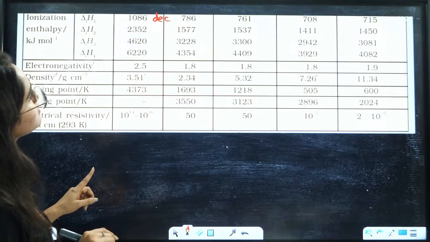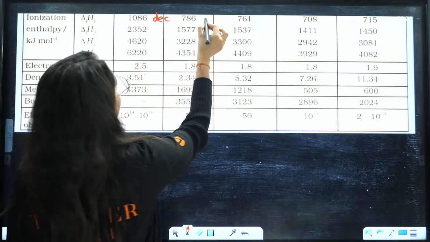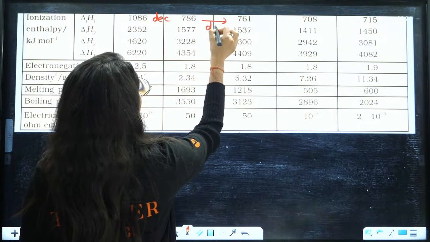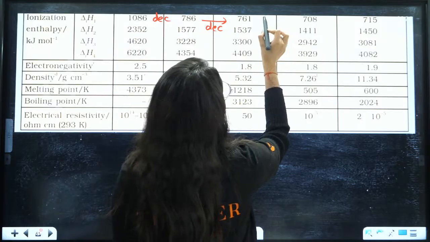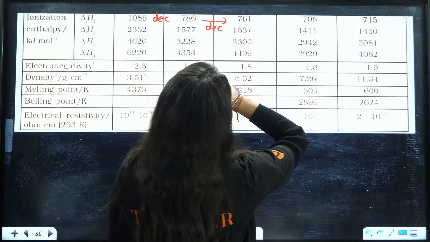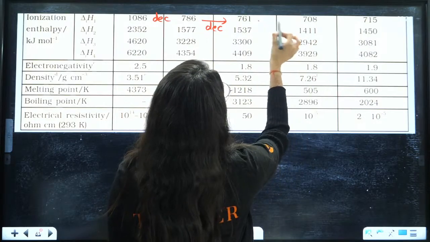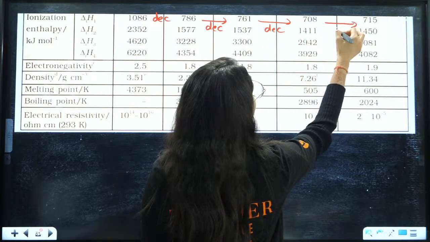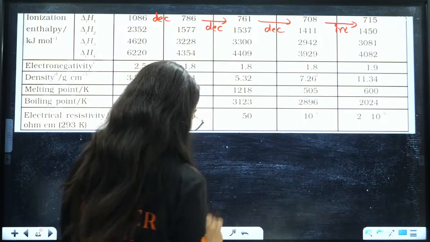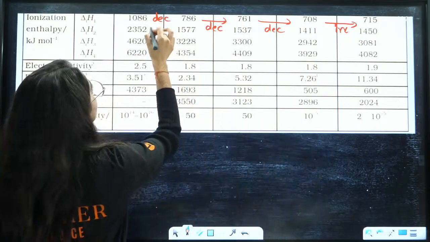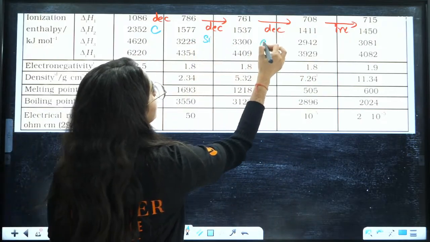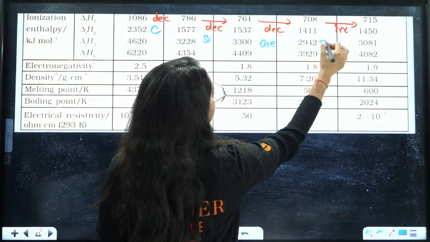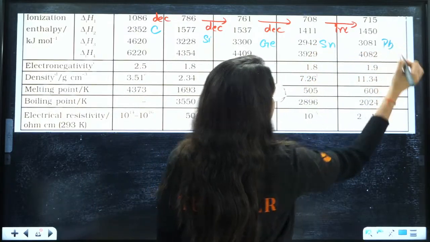Here it is a decrease. Okay. Then from this to this, there is again a slight decrease. Then here also it is a decrease only. Here also it is decreasing. From here it is increasing, a slight increase. So this is your carbon, silicon, germanium, tin, and this is lead.